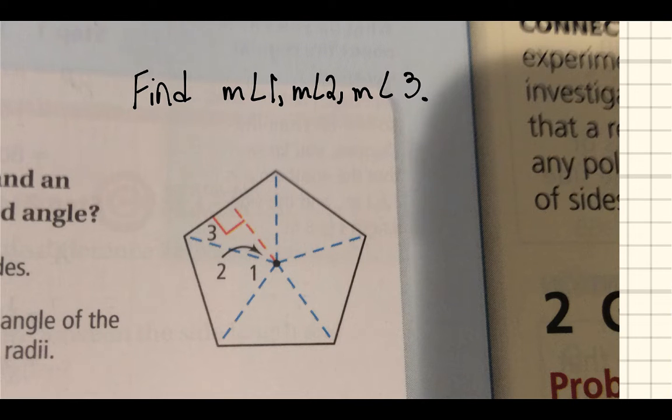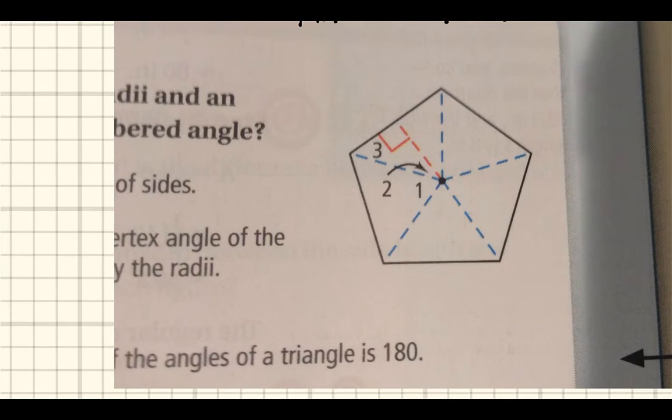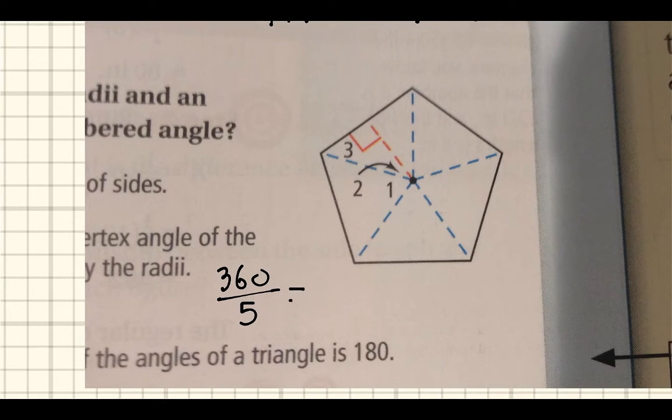So I take 360 and divide that by the number of sides, or the number of interior angles here, which is 5. What is that going to give me? That is going to give me 72. So 360 divided by 5 is 72 degrees.